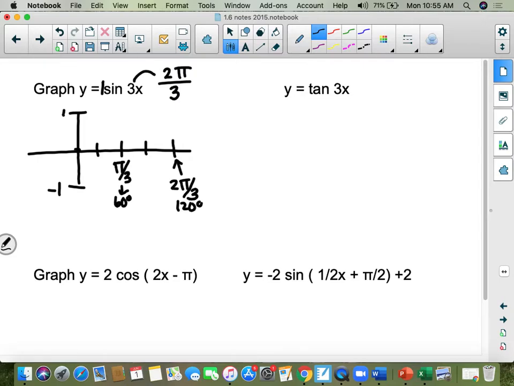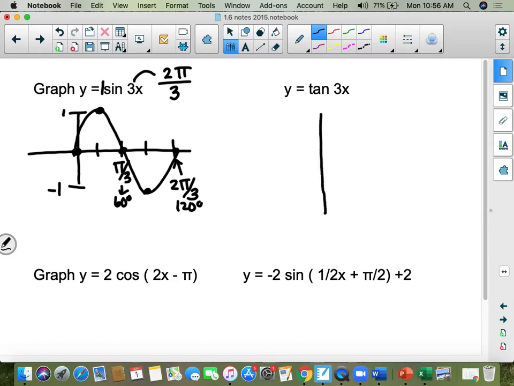You know that sine starts at 0, goes up, down, and up. And you are done. I graphed one cycle from 0 to 120 degrees. It's fast, but you spent a whole semester on trigonometry. So you should be pretty good at how to graph a trig function.